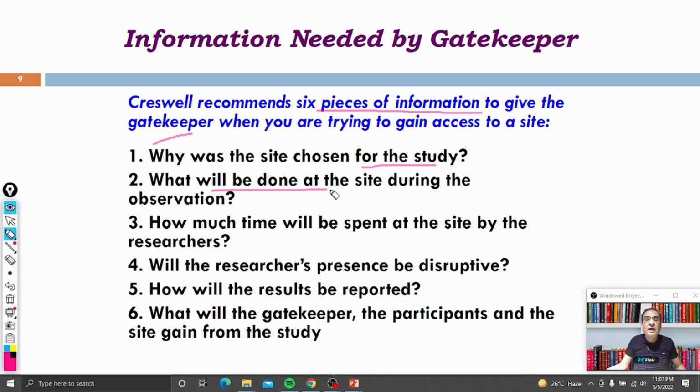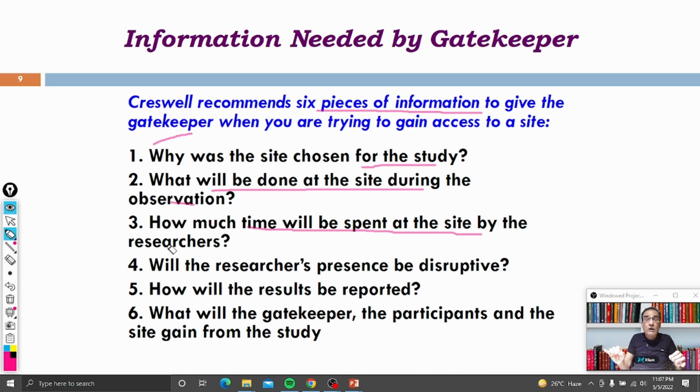What will be done at this site during the observation? So you have to share your whole research plan with the head of the institution before conducting the research. How much time will be spent at the site by the researcher?